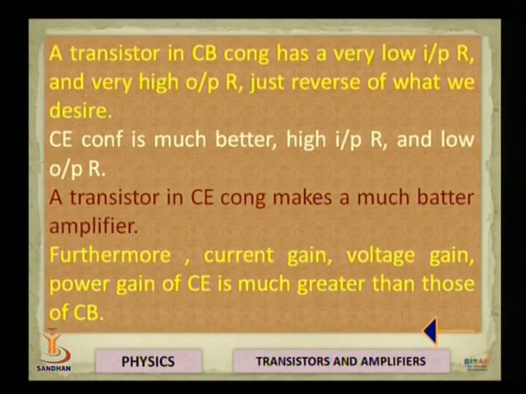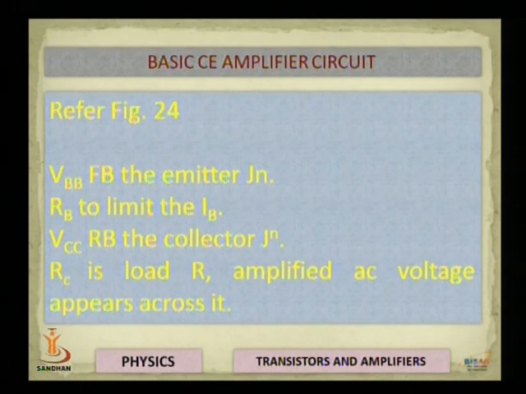A transistor in common base configuration has a very low input resistance and a very high output resistance, just the reverse of what we desire. Common emitter configuration is much better, with high input resistance and low output resistance, making a much better amplifier. Furthermore, the current gain, voltage gain and power gain of a common emitter are much greater than those of the common base configuration.